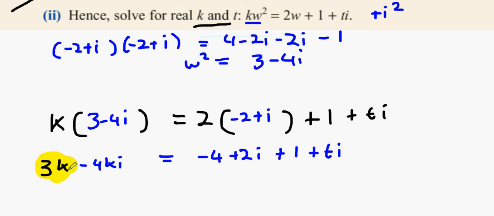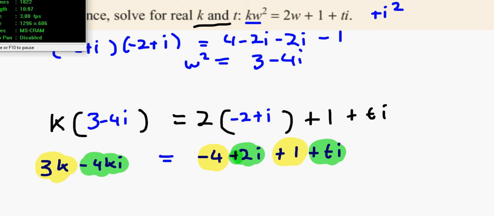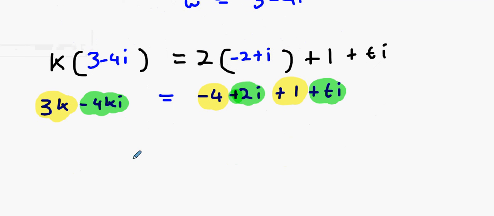Real. And imaginary, wrong color, I'll use something else, green. Imaginary, imaginary, imaginary. You should get a simultaneous equation. Yellow is 3k equals minus 4 plus 1.